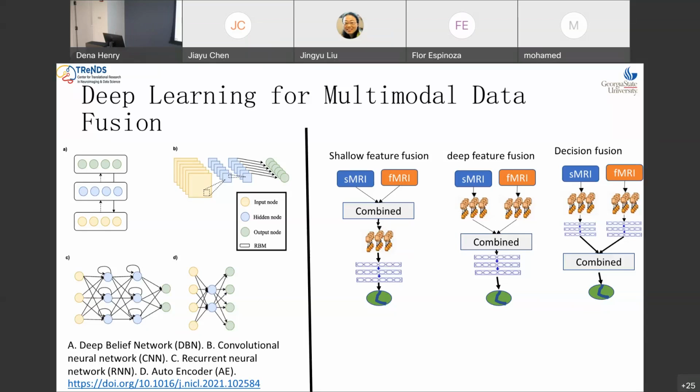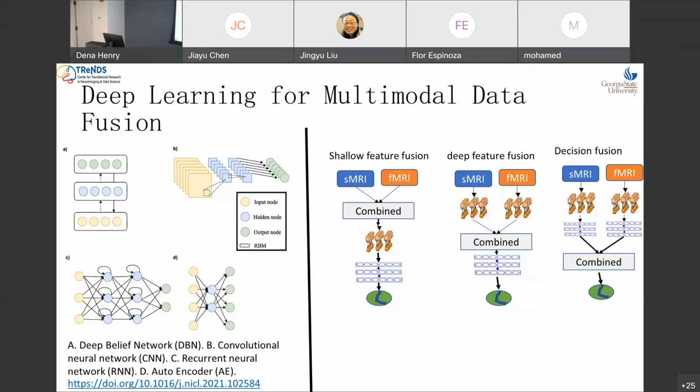Here is one example: when we think about deep learning, it can apply to a single modality, but also to multimodal data. When we apply it to multimodal data, the first thing is you can choose different neural network frameworks, in addition to how you fuse the modalities. These are only 4 typical neural network models.